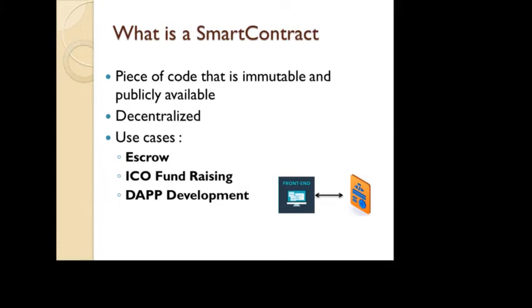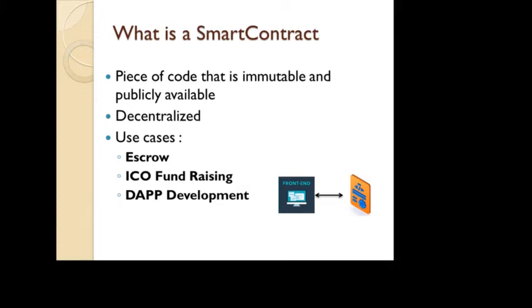And then for DApp development, this is the core concept of smart contracts, wherein the code that you want to be trusted, and you want to be publicly available, basically the code that can be visible to the public, you're going to put it on as a smart contract, and you're going to access it from any front end application, right?